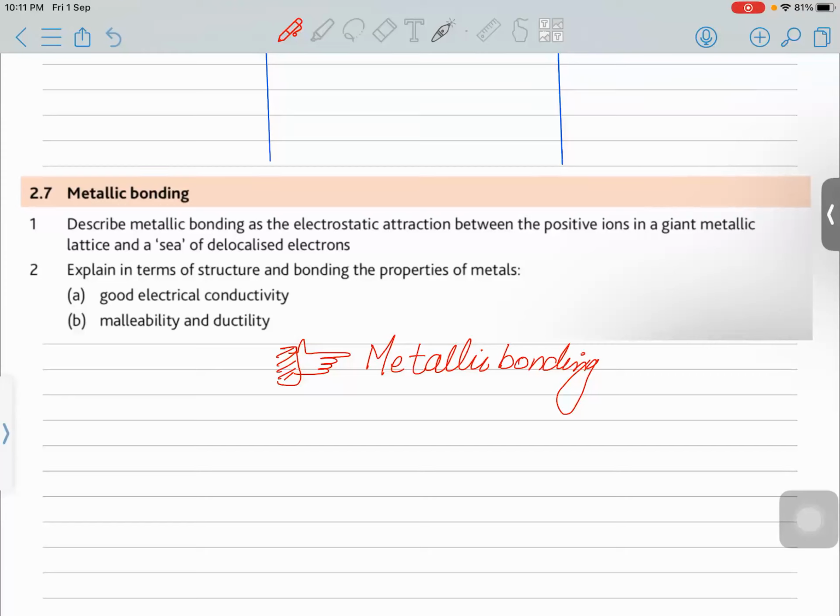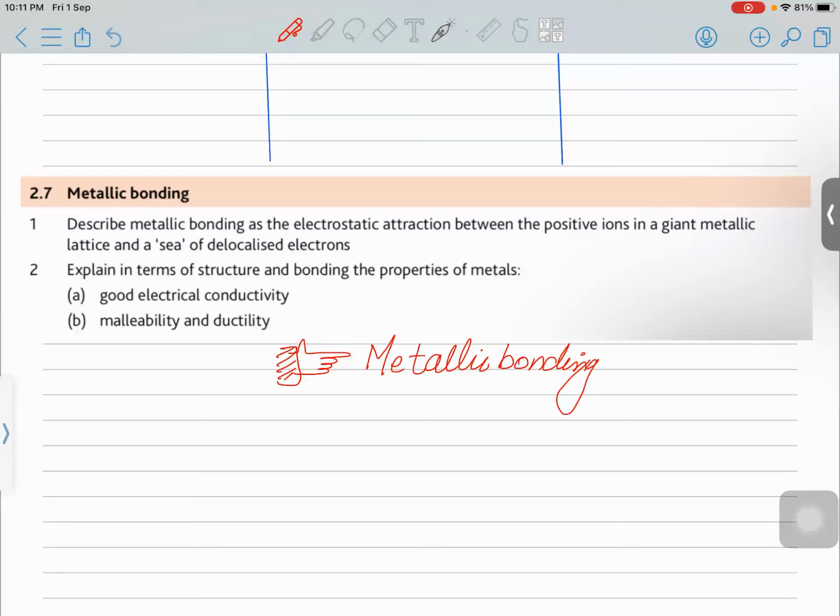It says hydrogen, and then lithium, sodium, potassium, rubidium, cesium, and francium.